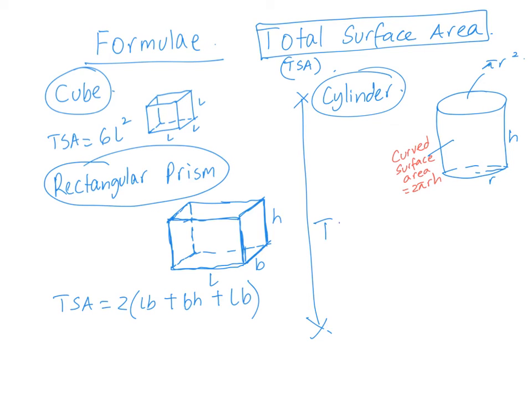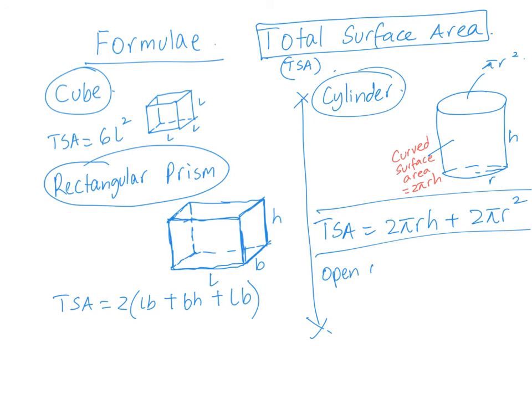So the total surface area is 2 pi rh, the curved part, and the two circles on top and bottom. If it's open on one end, like when you use a can and you open the can, it will have a surface area of the curved part where the labeling is, and then the bottom, so just one circle.